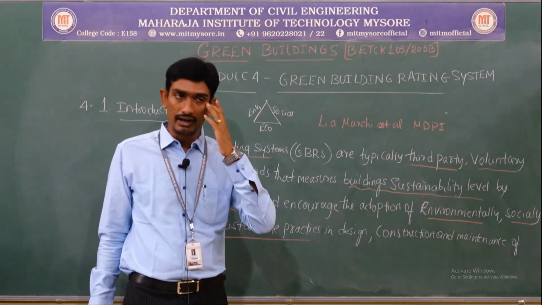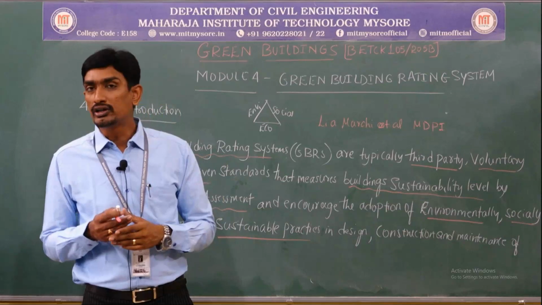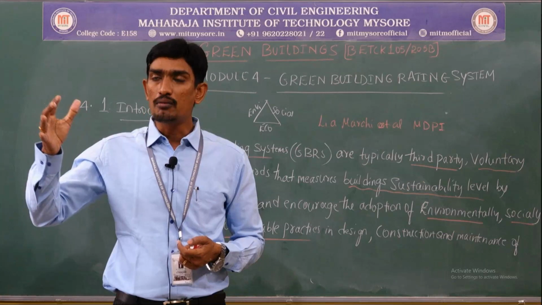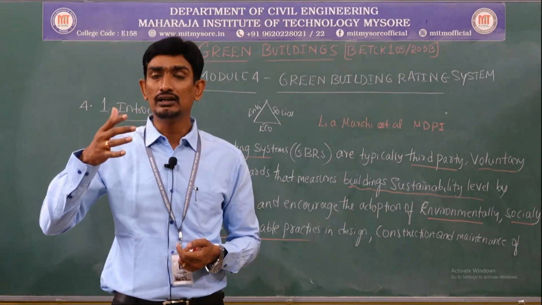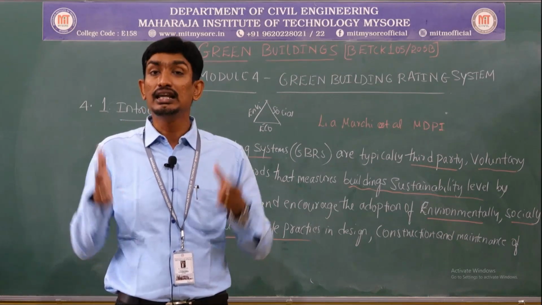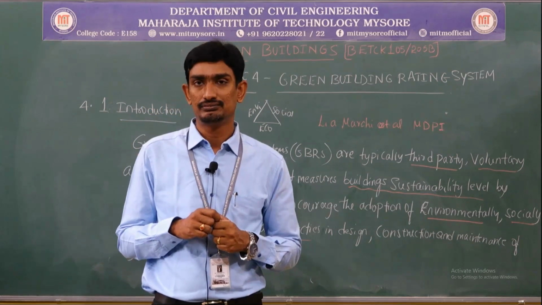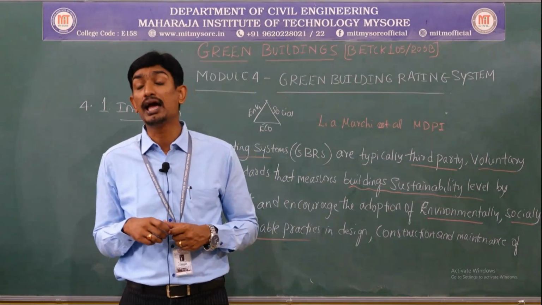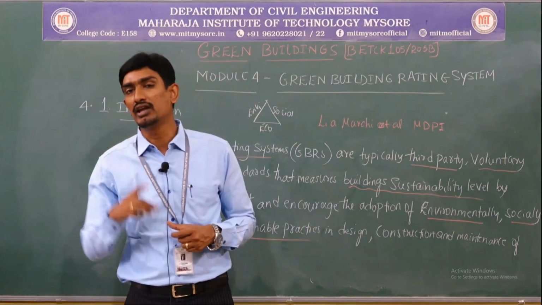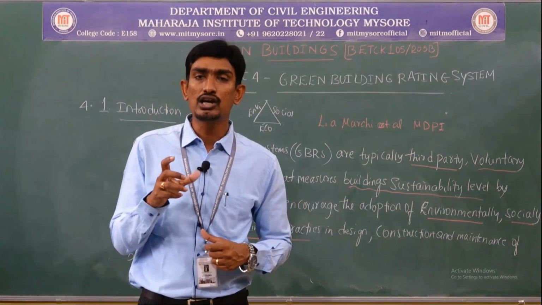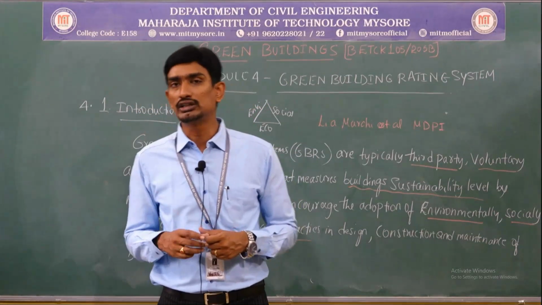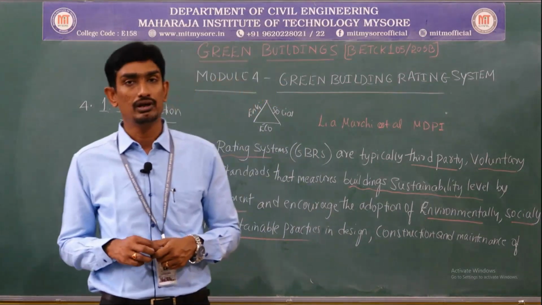For example, if I am going to construct the building, how much sunlight and air do you accommodate inside the building so that the occupants can comfortably live inside the building. So that is a very important criterion, that is planning. Orientation of your building is very, very important. I am going to discuss orientation, design and architecture in this module, and you are also going to discuss some of the things in module number 5.